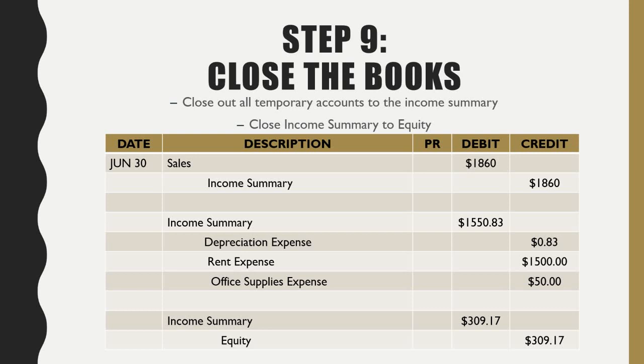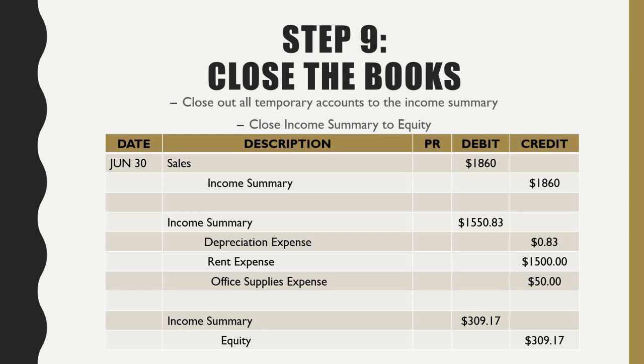That's how everything is piecing together and making sense, matching 100%. Once we've journalized this, we also have to update our equity. If you have any capital contributions or owner's withdrawals, you're going to journalize those as well and close everything out to equity.